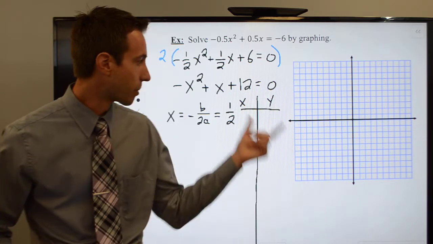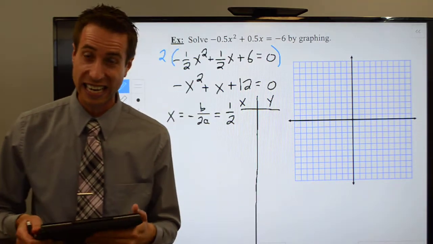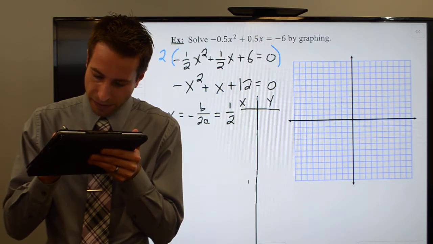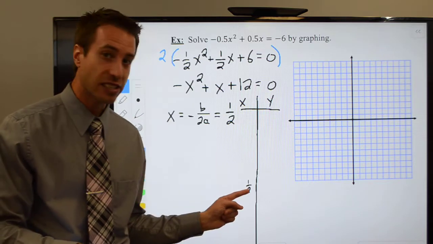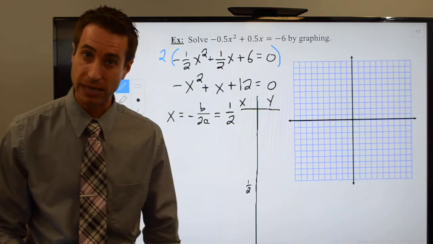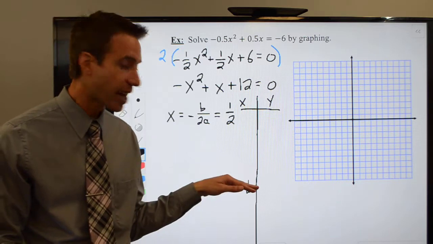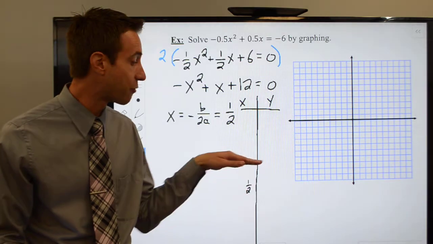I apologize, I know I'm kind of cramped for space there, but this is the one where I'm actually going to go all the way to negative 5. So I want to make sure I've got plenty of space here. We're starting at 1/2. And remember, just because this is a fraction doesn't mean the rest of them need to be fractions. I'm going to go with whole numbers on either side of 1/2, right? So the whole number below 1/2 would be 0.